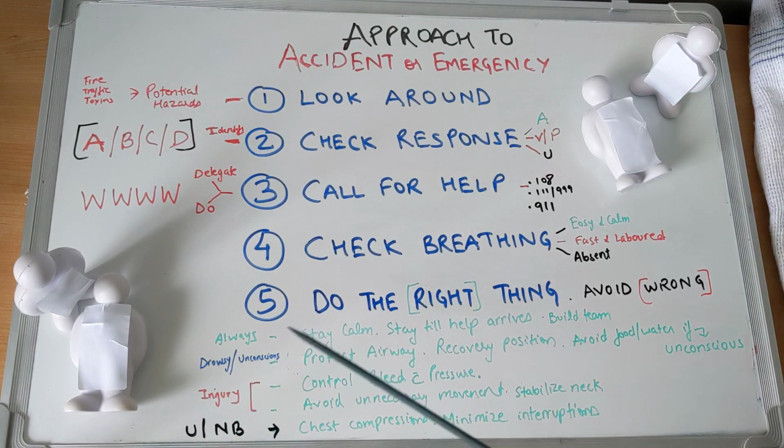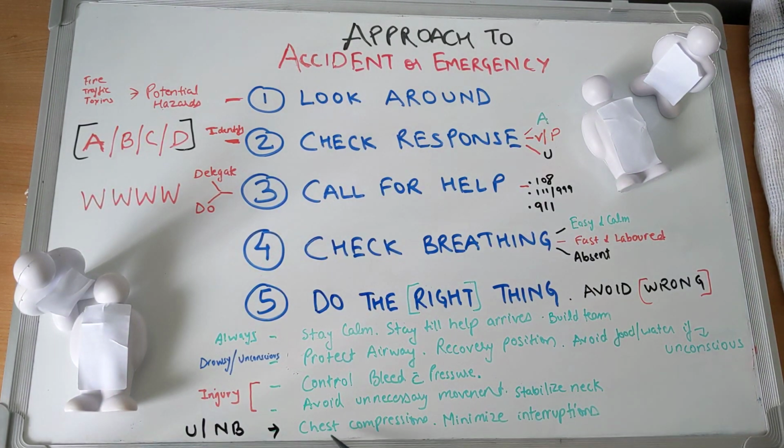And in the worst possible case scenario, where they're unresponsive and not breathing, that means they're almost dead or on the verge of dying. That means you will have to take the role of being their heart. The heart and lungs are not working.